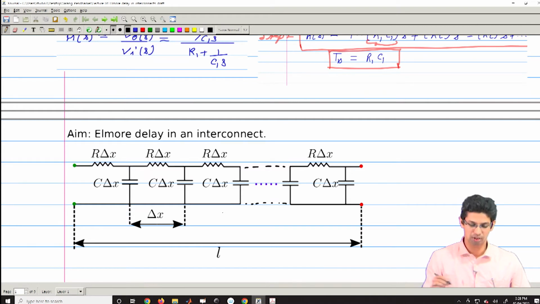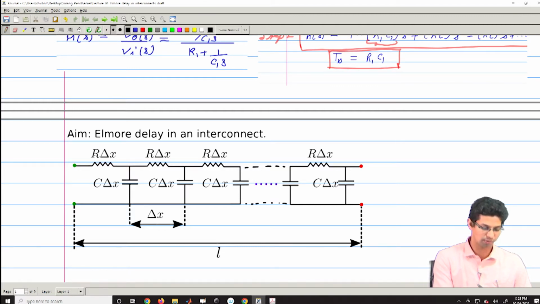Now, we want to get an Elmore delay, we need a system transfer function. So, we are now taking the Laplace domain approach for solving this. Before we proceed, let us again recap a few things about this interconnect. We had divided this interconnect into small segments. Here R and C were the interconnect resistance and capacitance per unit length.